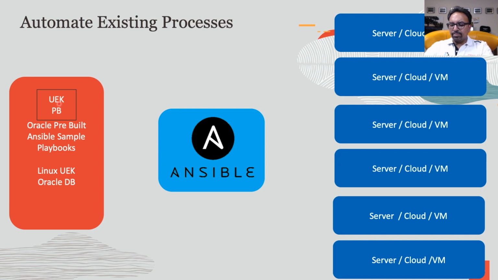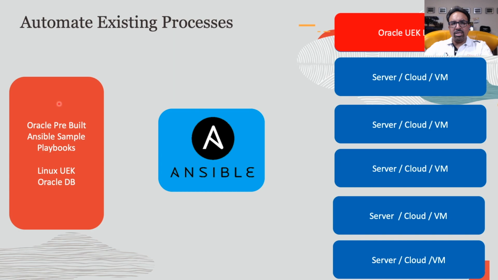With this playbook, we have the configuration, and using Ansible we can deploy the playbook onto a server, a cloud instance, or a VM. That playbook then gives the instructions on how you want that server configured, and in this case we get UEK configured.